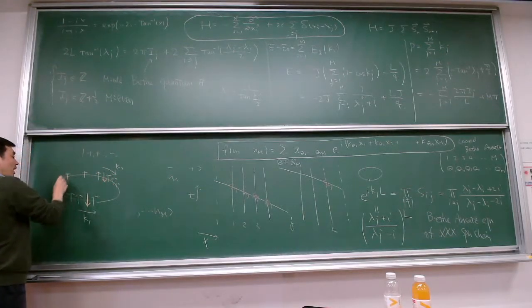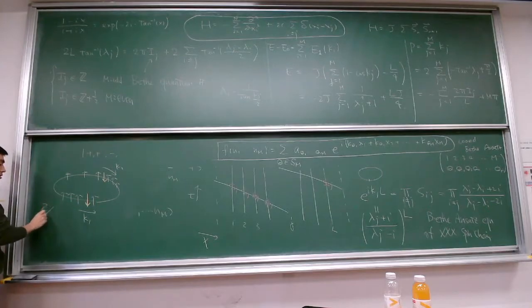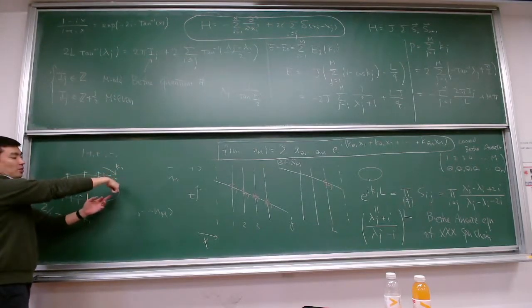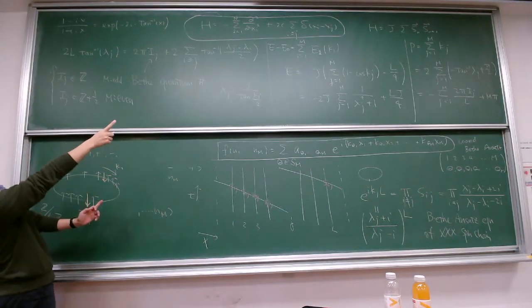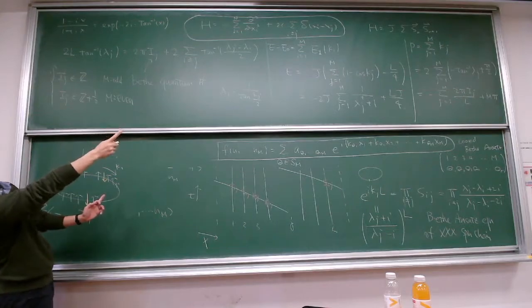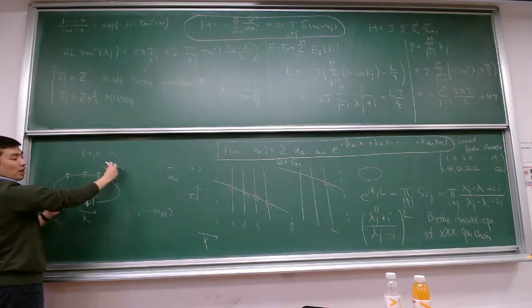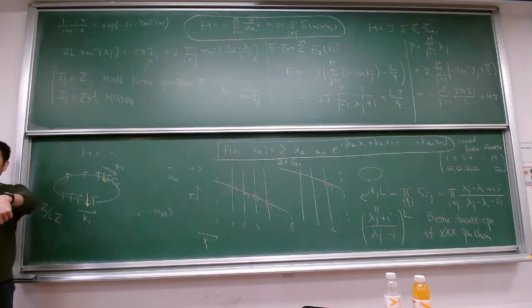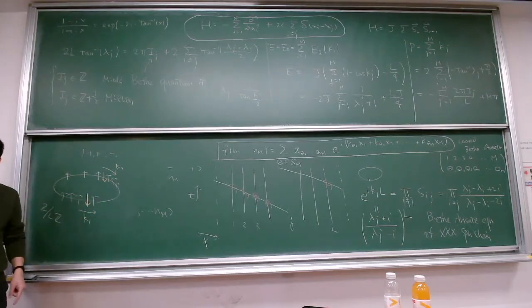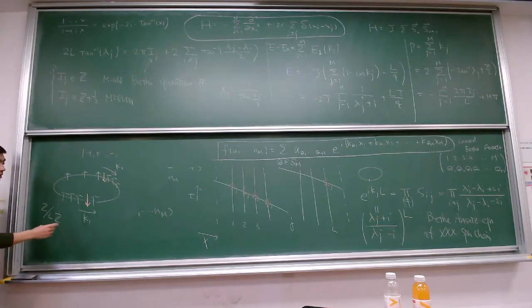On the chain of length L, K1 and K2 go next to each other, and there's the interaction by the Hamiltonian. Since spin down states are repulsive, they just scatter together, and then we are going to take the limit that this L goes to infinity.